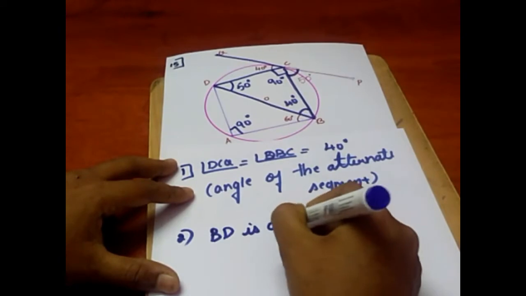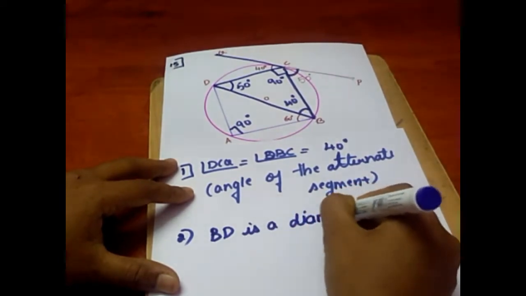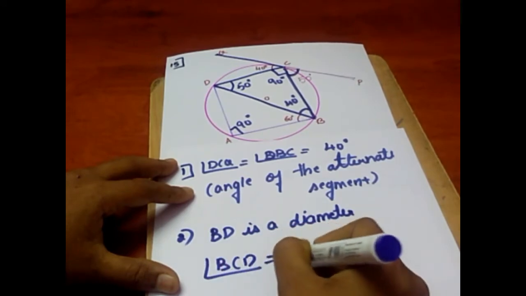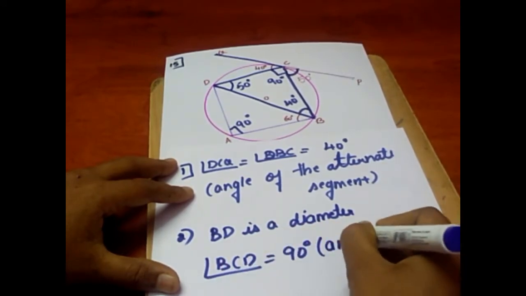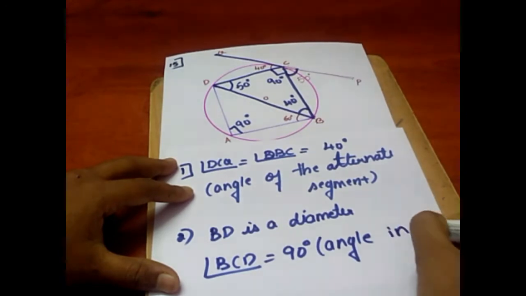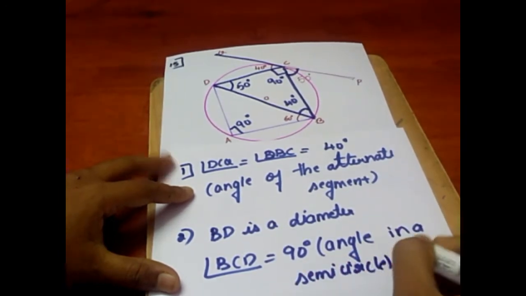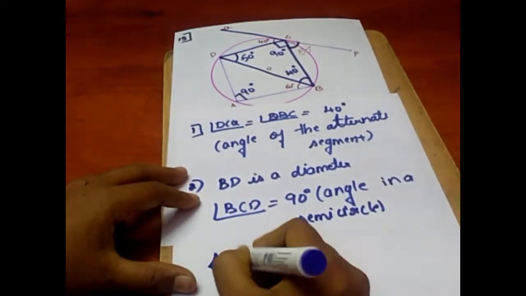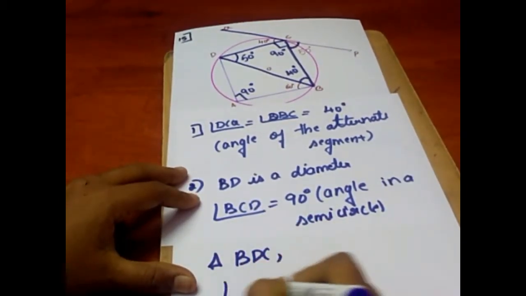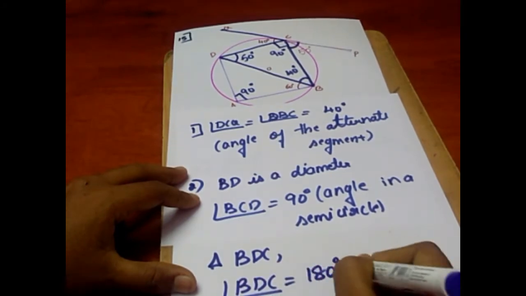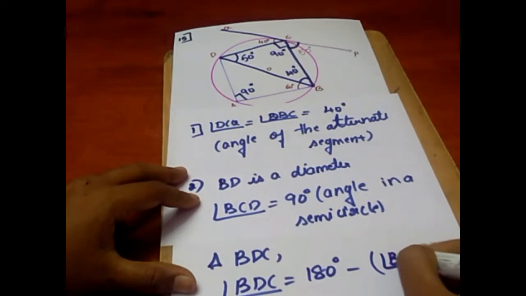BD is a diameter. Therefore, angle BCD is equal to 90 degrees. Reason, angle in a semicircle. Now, consider triangle BDC. Angle BDC is equal to 180 minus of angle BCD plus angle DBC.